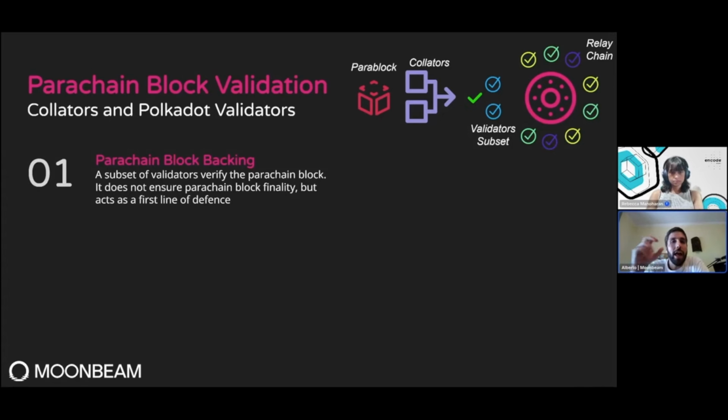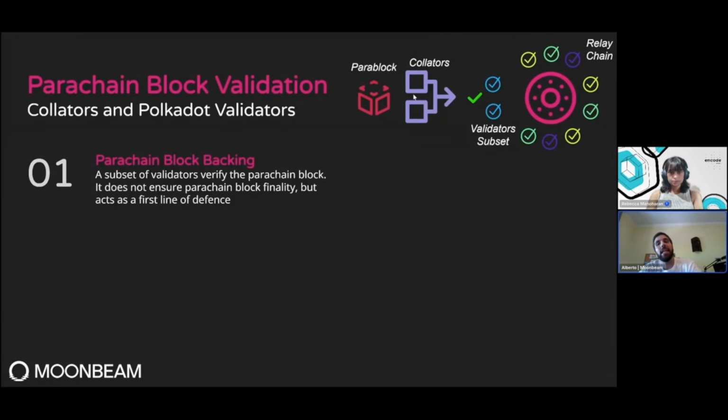And so in block backing, basically, there's a subset of validators from the Polkadot relay chain, you can see here on the right-hand side, that are randomly chosen to verify a block produced by a collator in the parachain, okay? We can call this a para block.